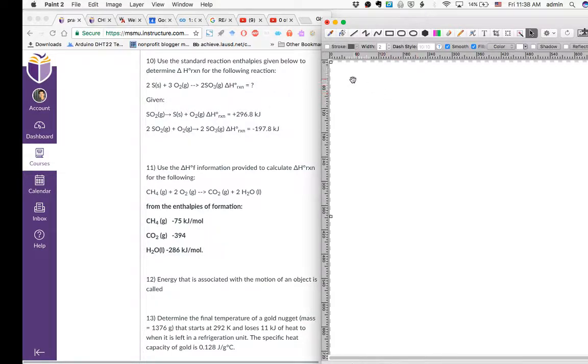Let me show you. I'll write those two equations down. It has a delta H of 296.8 kilojoules.